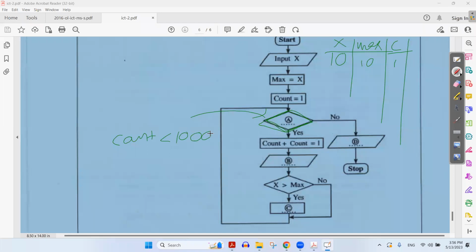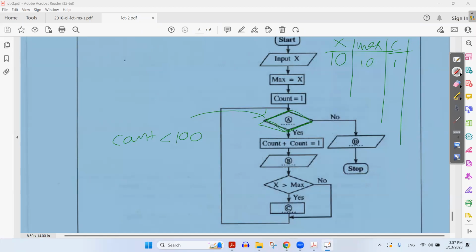Here it's 100, not 1,000. Right, and then, an output that they will stick with.